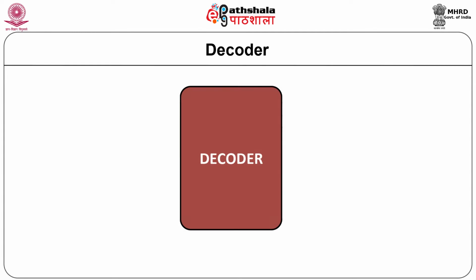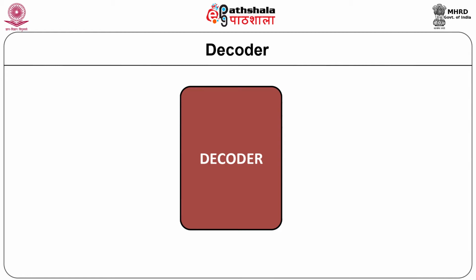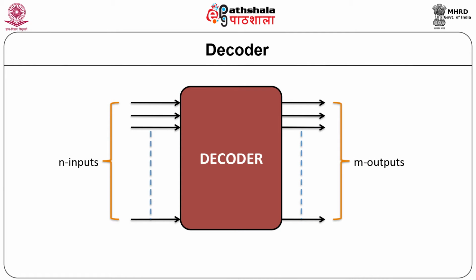A decoder is a combinational logic circuit that converts a binary code into the desired output signal. It is called a decoder because it performs the reverse process of an encoder. The process of converting binary input code into the desirable output code is known as decoding. A decoder is a multiple input and multiple output device with proper conversion system.